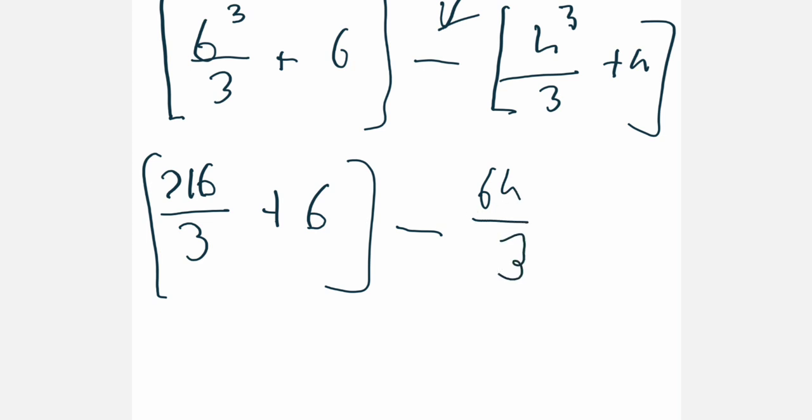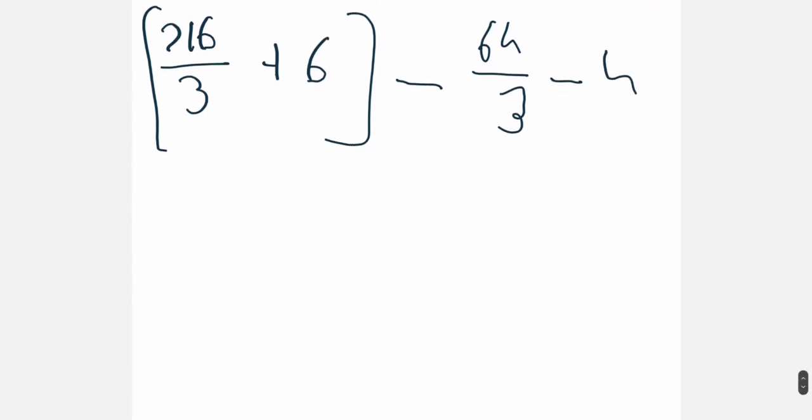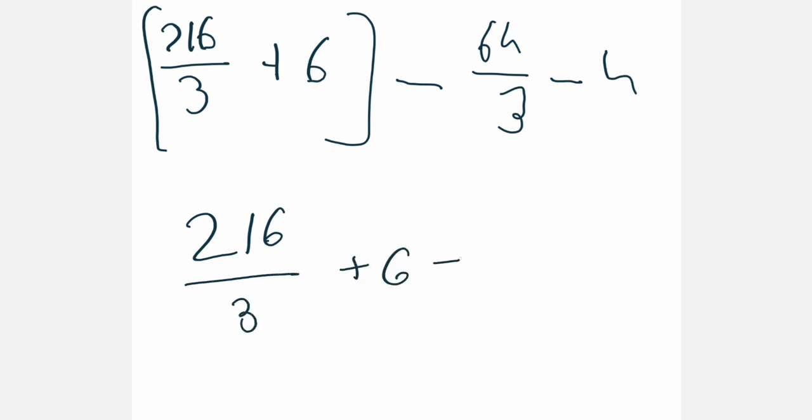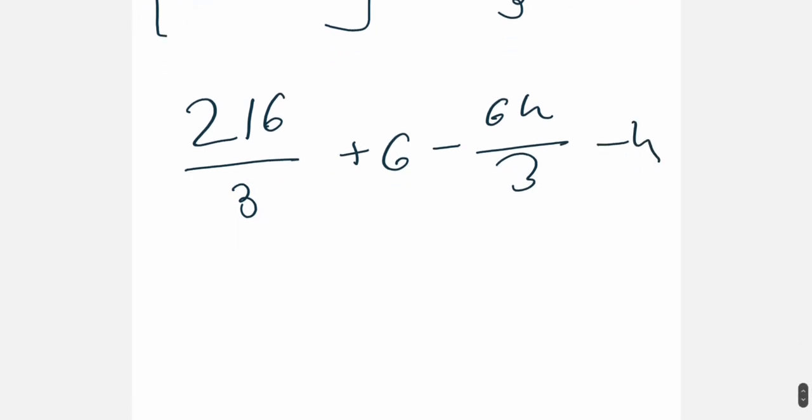And then remember, it's -1, and 4, positive 4, times by -1 equals -4. So now we can put the equation together. So 216 over 3 plus 6 minus 64 over 3 minus 4.